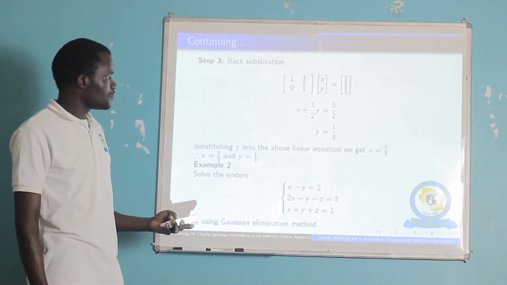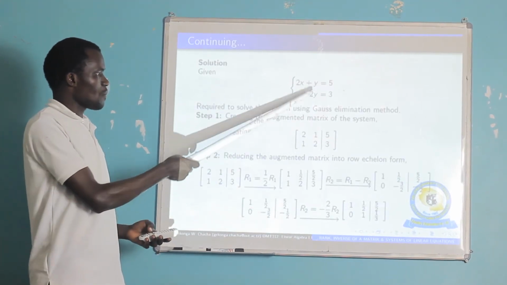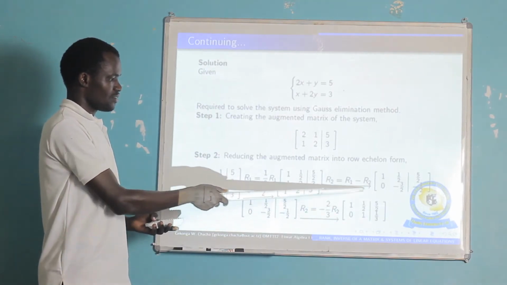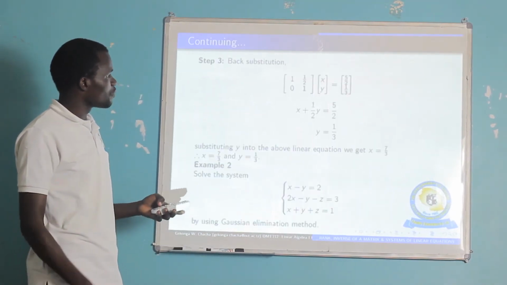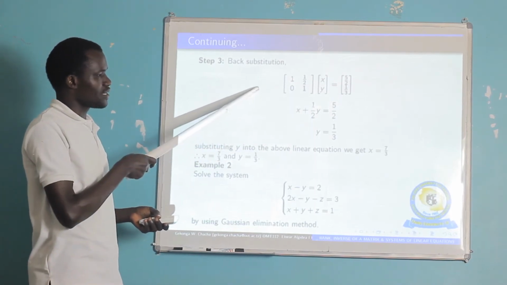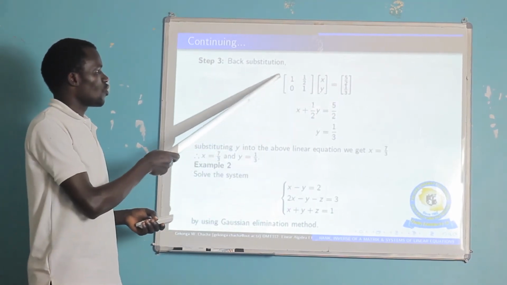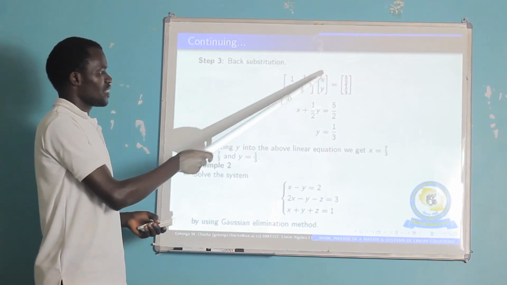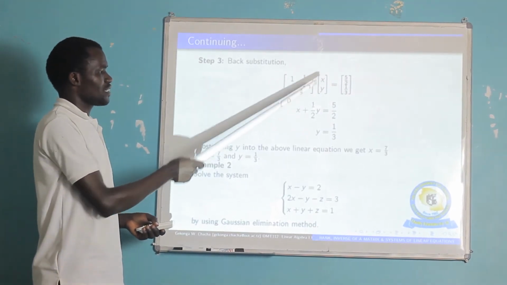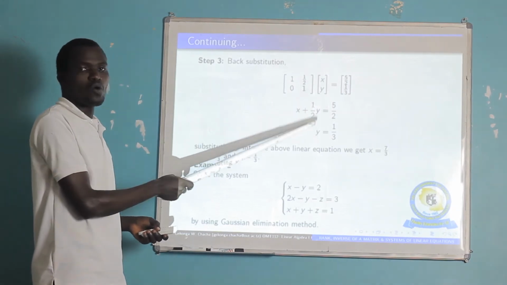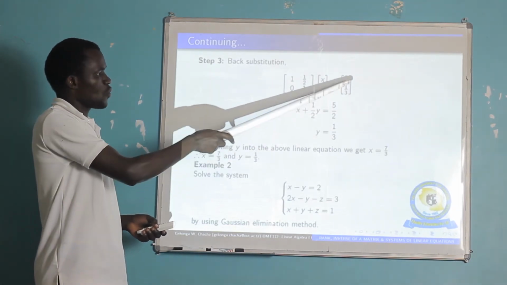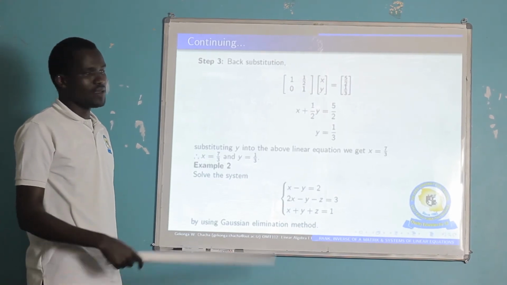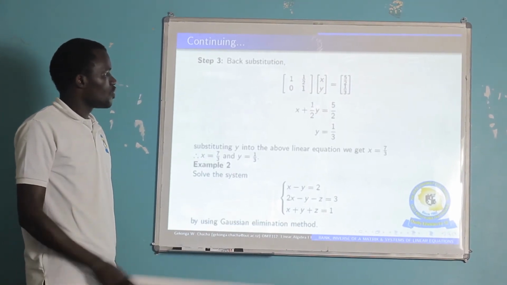Back substitution is substituting back into the system by using this matrix. Now it's simple. We multiply this matrix with this vector, whereby 1 times x gives x, and half times y gives 1 over 2 times y, which equals the corresponding entry of the vector on the right-hand side.